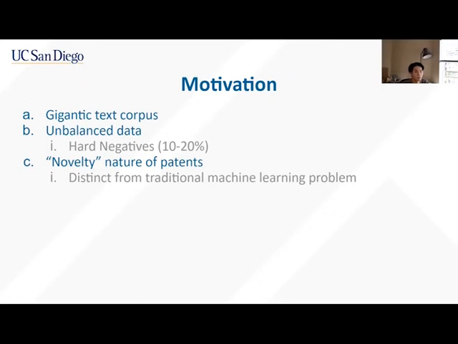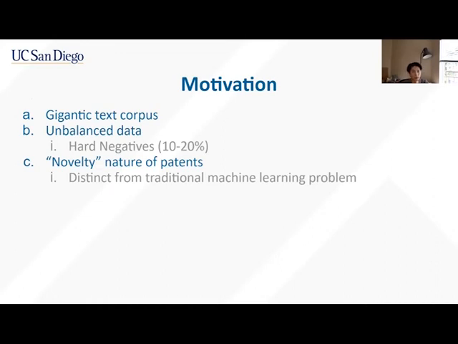Sure, thanks, Joey. Whether or not a patent application will be approved is a significant question for patent applicants. Therefore, it is natural to develop a model to predict the approval of a patent application before submitting it to the USPTO. However, there is currently no existing product or scientific research that gives a plausible solution. This is mainly because of the following reasons. Firstly, the gigantic text corpus of past applications, both approved and rejected ones.